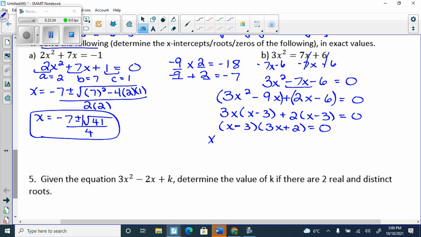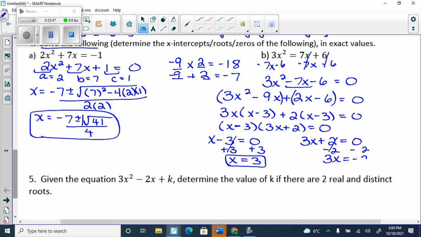Okay, x minus 3 equals 0. That's the best way to respond to that. Okay, add 3. Your binder is falling apart like twice today, just this class. It's a great day. X equals 3. And then subtract 2. 3x equals negative 2.